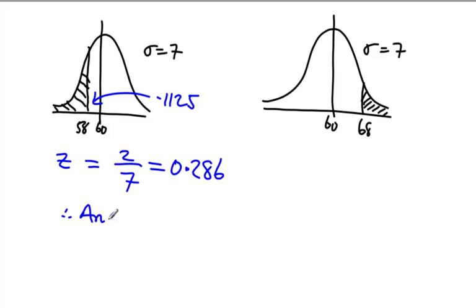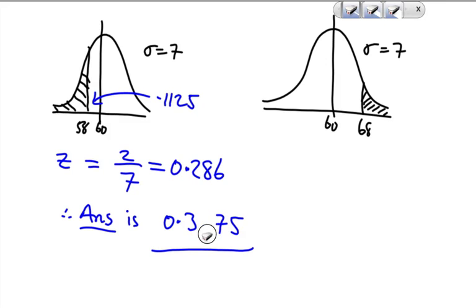Therefore, our answer is 0.3875. You're quite right. So 0.3875 is straight subtraction, 0.5 take away 0.1125, 0.3875, and there it is, which is fantastic.